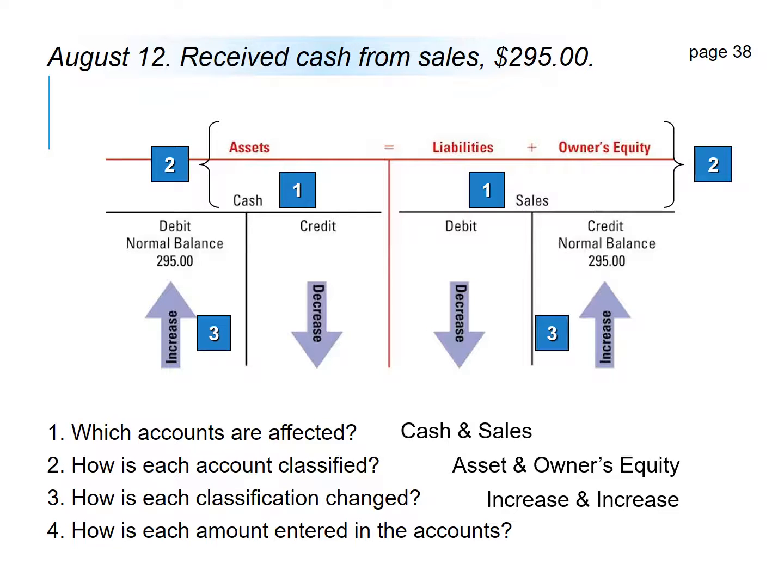How is each amount entered? Since we are increasing cash, we know that cash increases on the debit side. We are increasing sales, whose effect on owner's equity is to increase on the credit side. So we have a debit and a credit. Thus, our accounting equation is in balance.